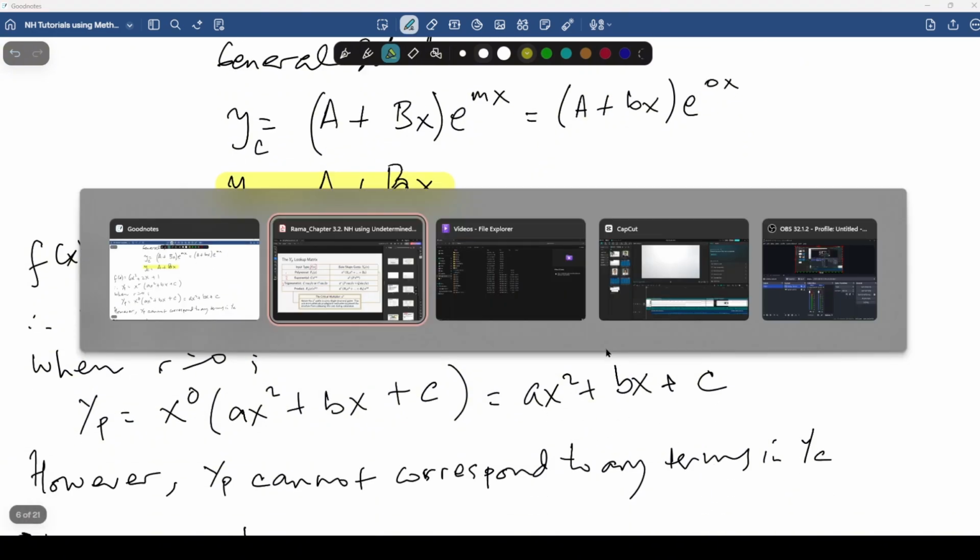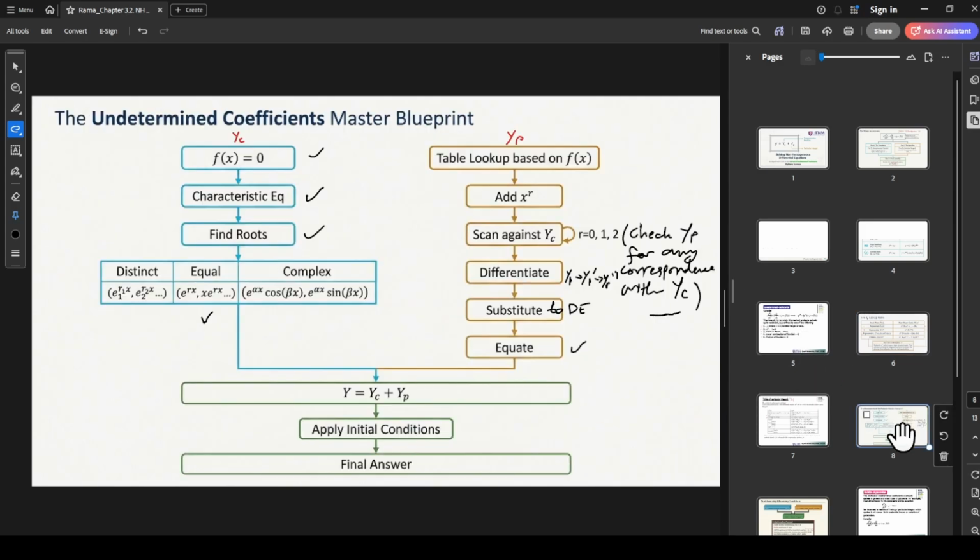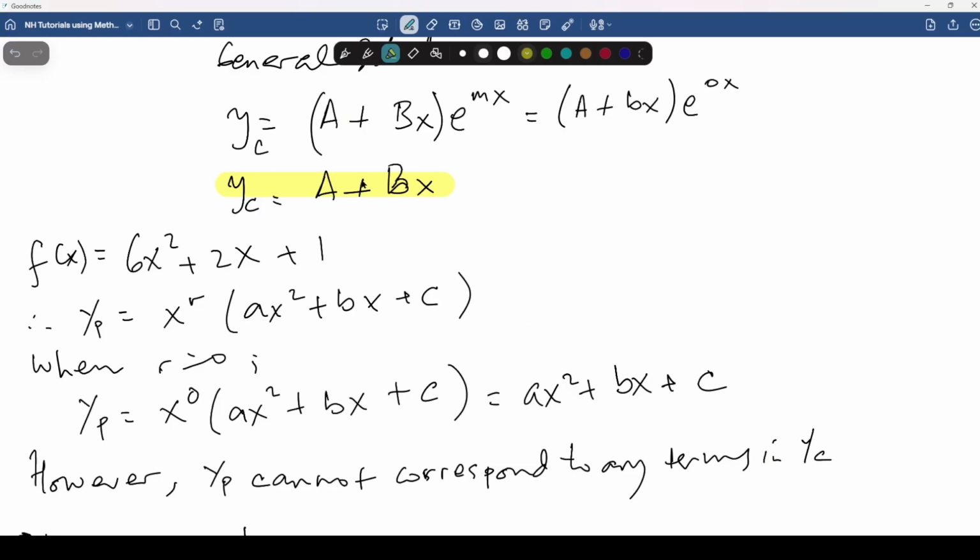Just like before, we then check for the next step. We already start with r equals 0. The next step is to scan for any correspondence with yc. We already worked out that our yc is A plus Bx. So the term bx here corresponds with one of the terms in yc.